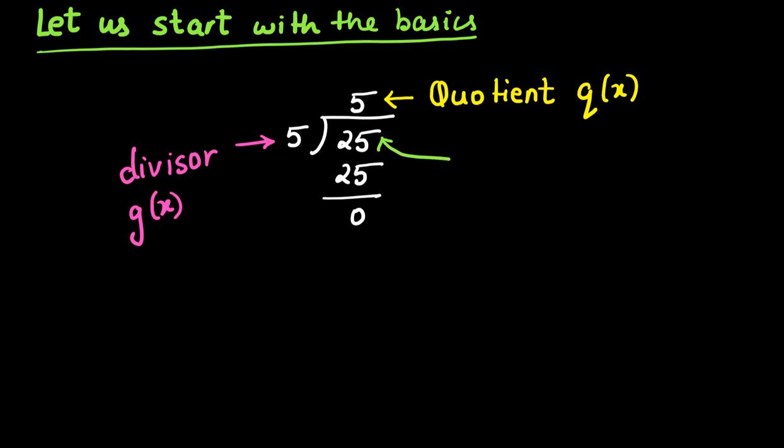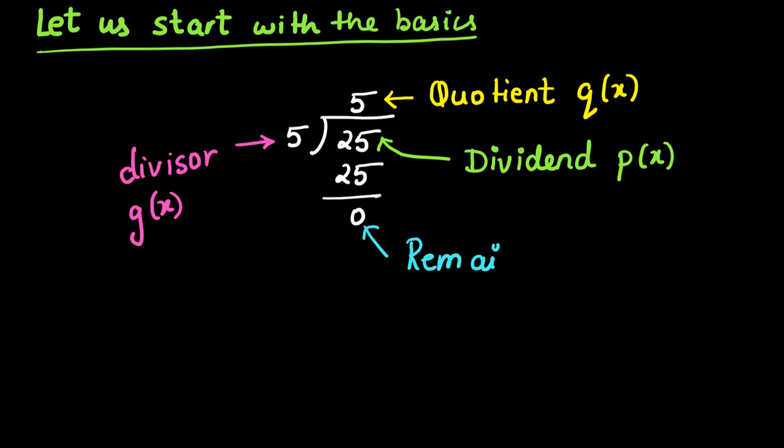This 25 is dividend and it is denoted as p of x, and this 0 is remainder and we call it as r of x.